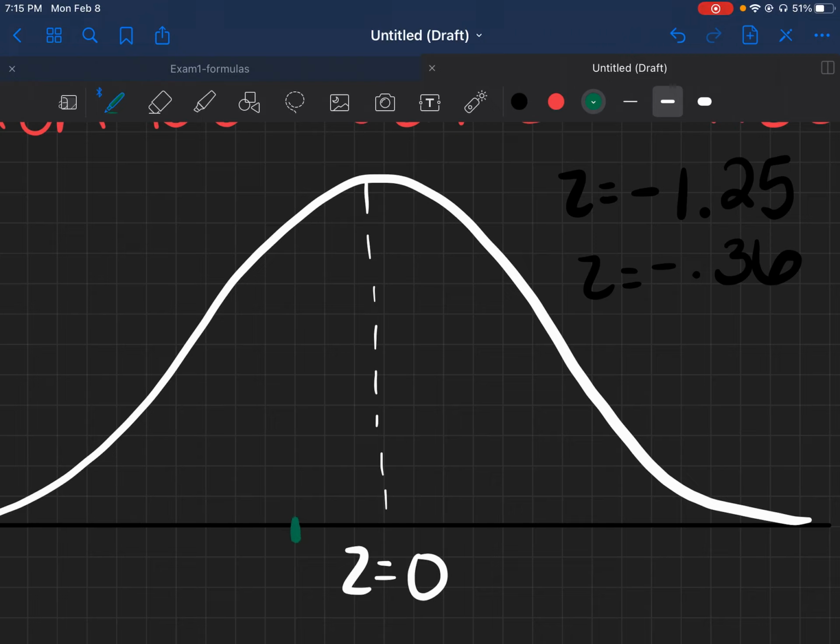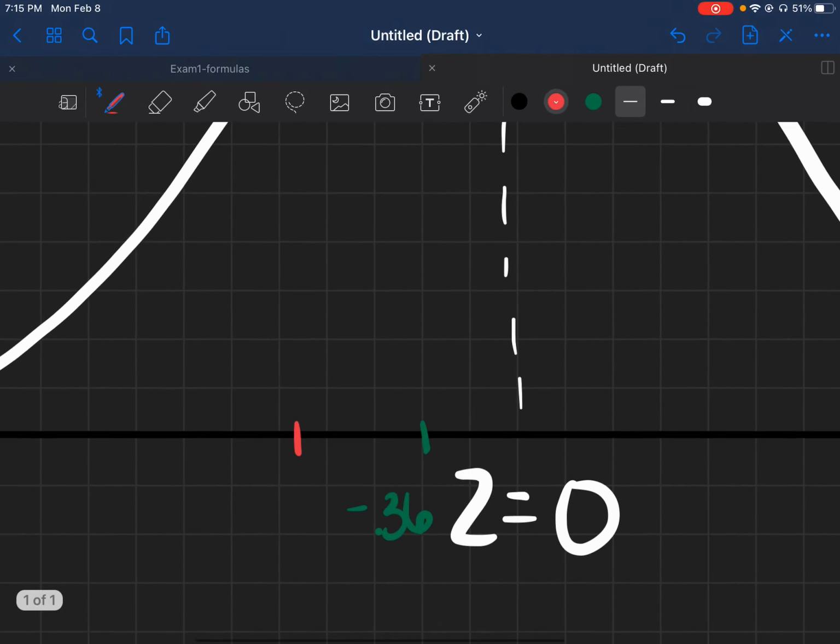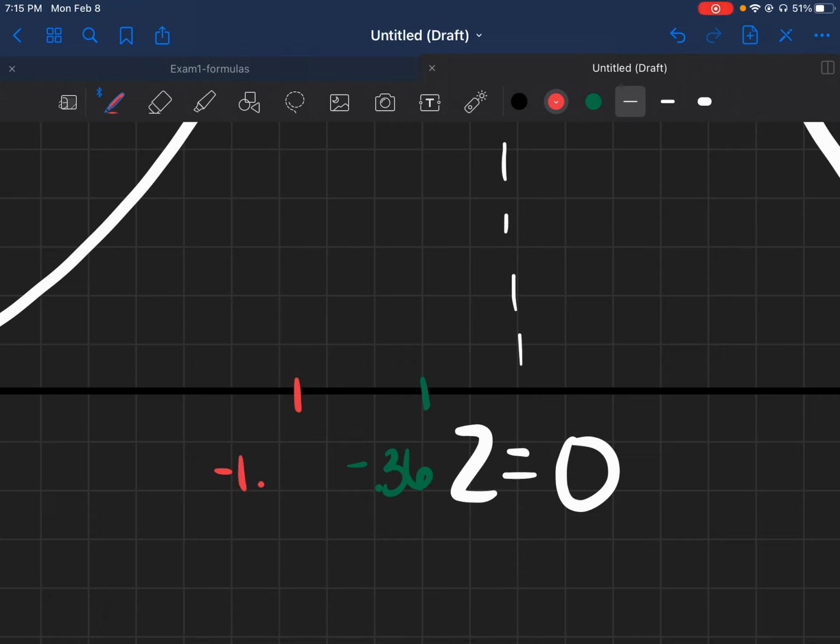As I always say, probably not going to be drawn to scale, but we're just going to go ahead and mark it off here as if it is. Just bear with me, pretend here. So here we're going to say this in green is negative 0.36, and this in orange is the negative 1.25. Now let me erase this real quick and rewrite it so we can really read it.